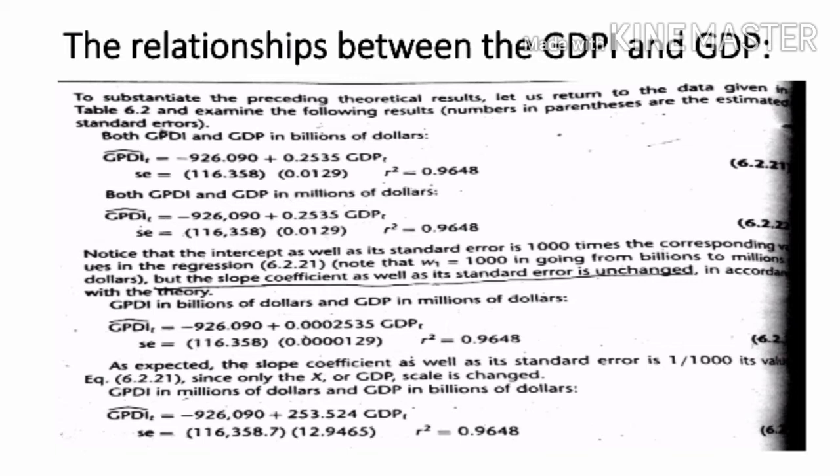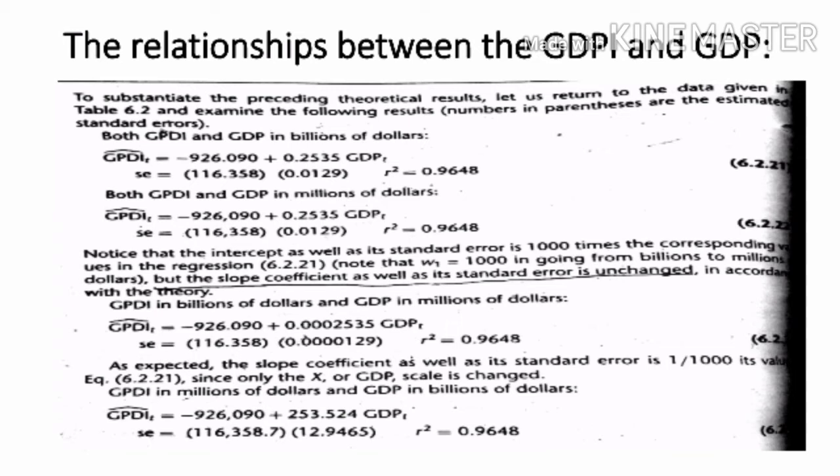Substituting the preceding theoretical values, both GDPI and GDP are in millions of dollars. The GDPI equation is minus 9 to 6.090 plus 0.2535 GDP, with the standard error and R square. R square is 0.9648, and when both are scaled the GDPI hat equation is the same.